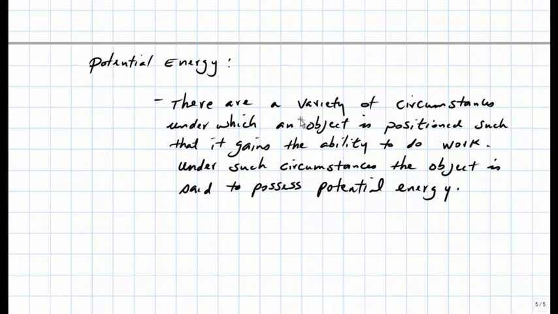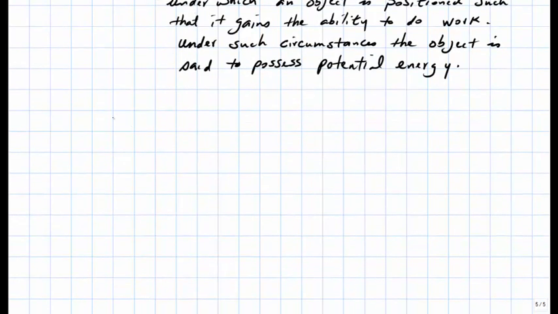Now, one way to position an object in such a way as to enable it to do work is to attach the object to a spring. And so if this location corresponds to the spring's relaxed state, if we attach a block to that spring and compress it by an amount that we'll note as x initial, by virtue of the block's connection to the spring, this block now has the ability to do work at a later time.